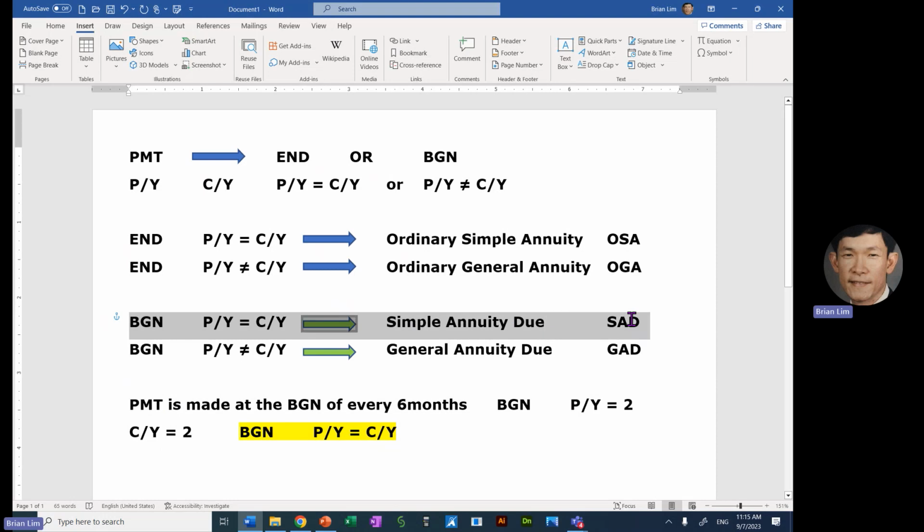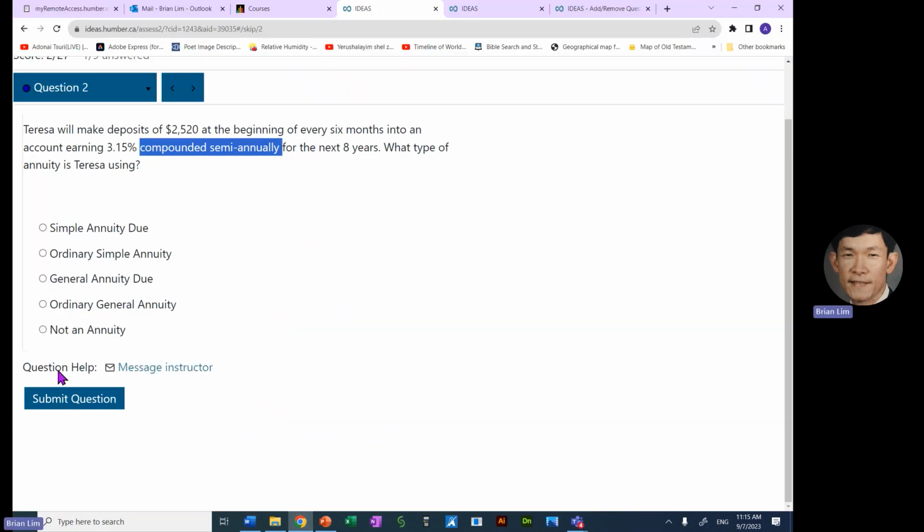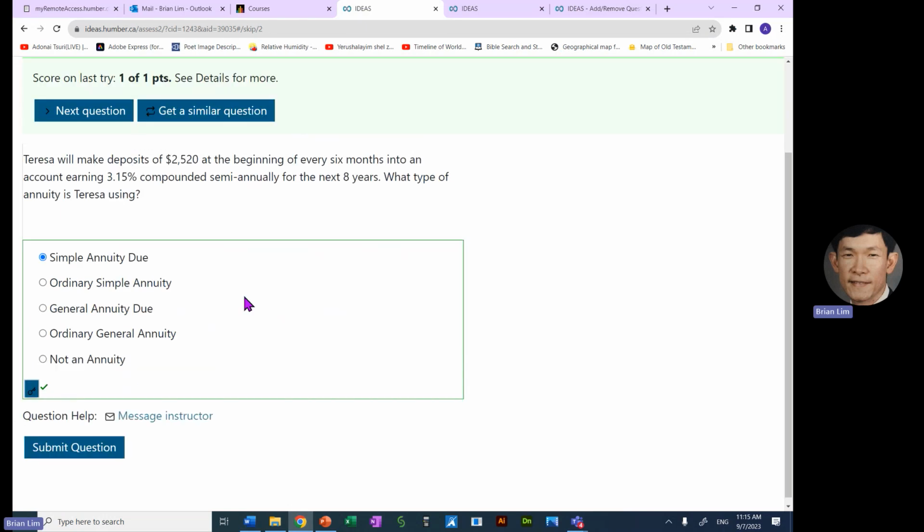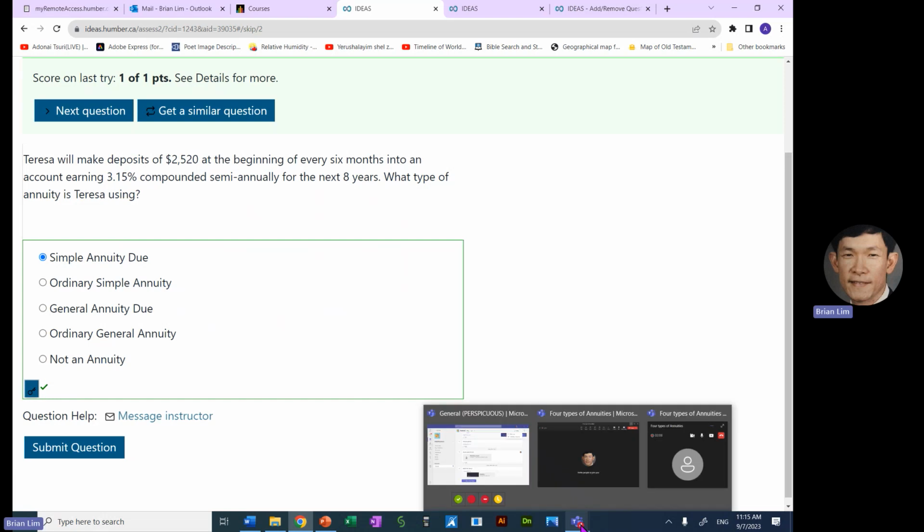We have a simple annuity due. So let's go back, and we select simple annuity due, and it is correct. So that is the end of the classification, and being able to identify which of the four it is.